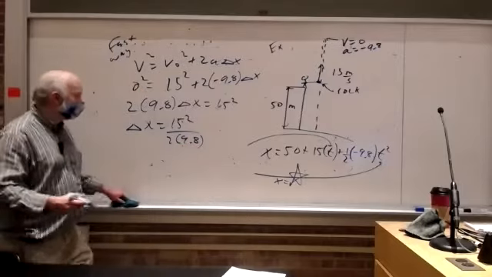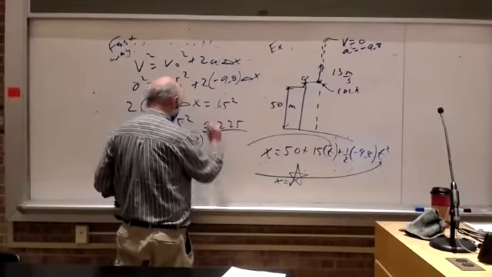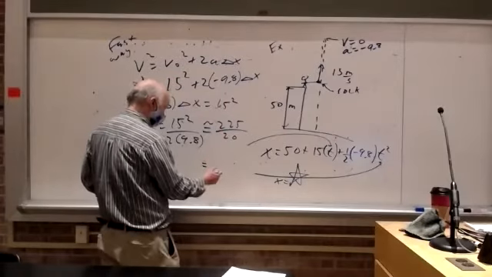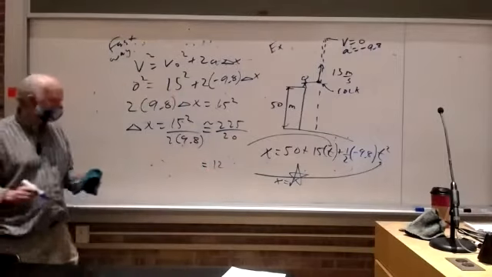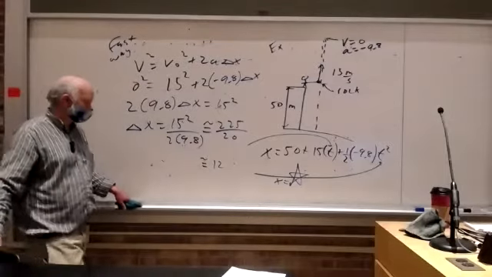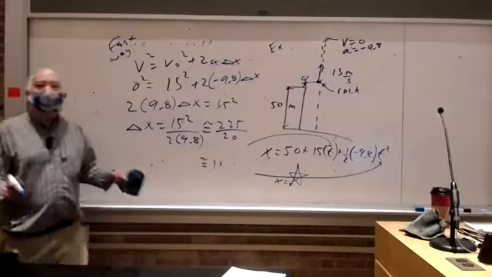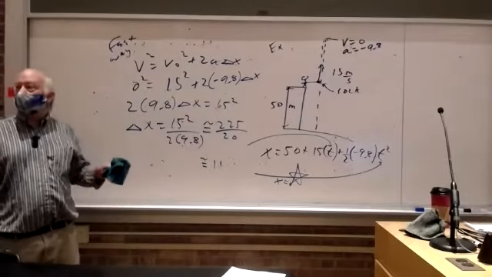Okay. So this would be what? This would be basically 225 over something like 20. And so this would be something on the order of like 12. I should say more like 11 something. So this delta X would be where in the picture?